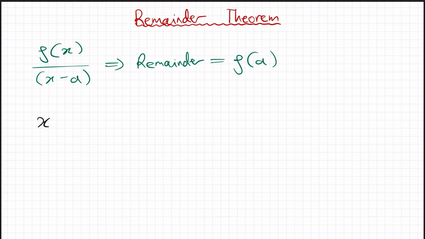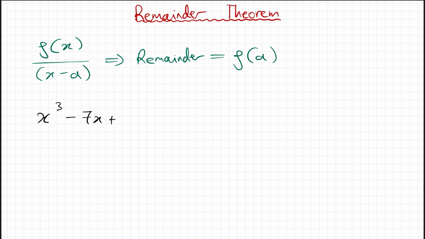So I'll show you an example of this. Let's say we had this polynomial x cubed minus 7x plus 6 is equal to 0. Let's make a guess that a equals 1 is a root of this.